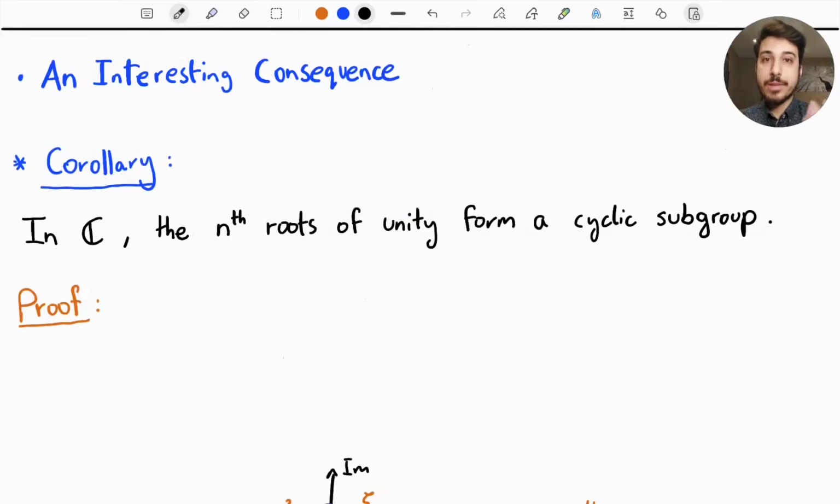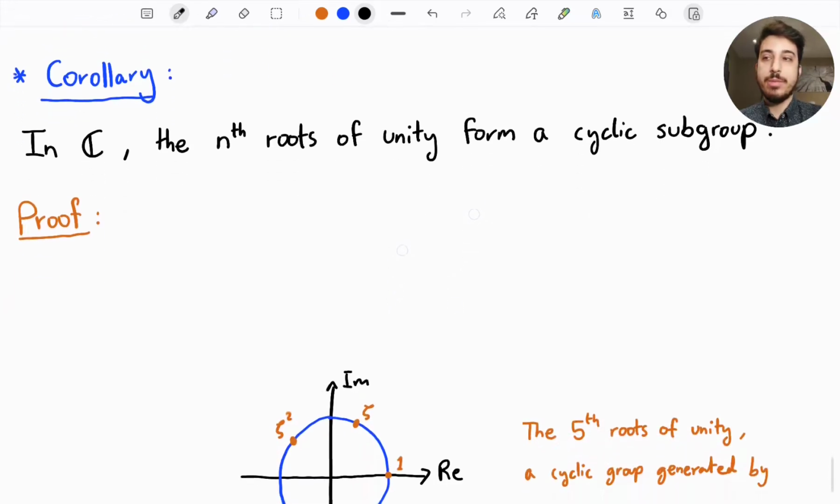And now, using this result, we have the following corollary. In the field of complex numbers, the nth roots of unity always form a cyclic subgroup.